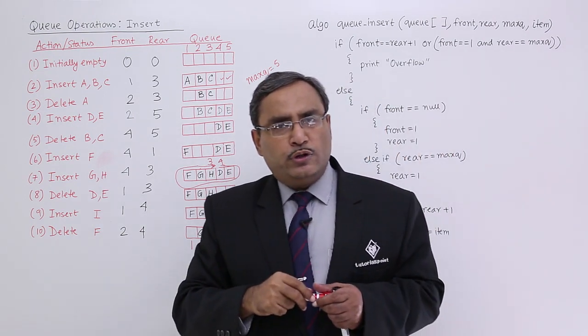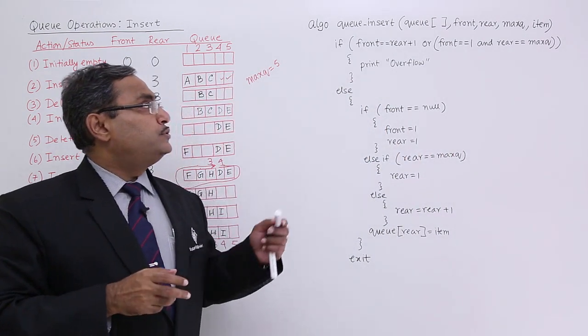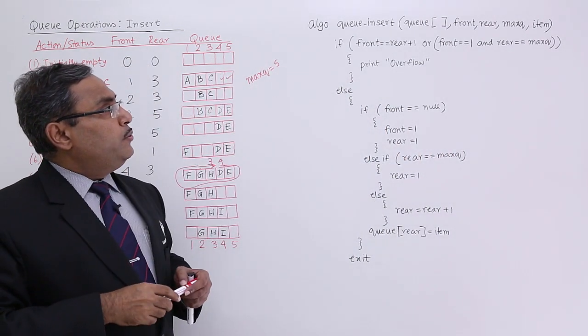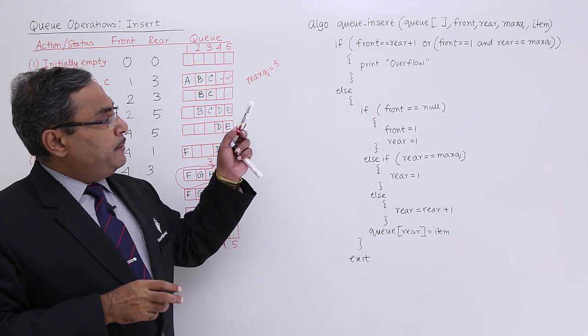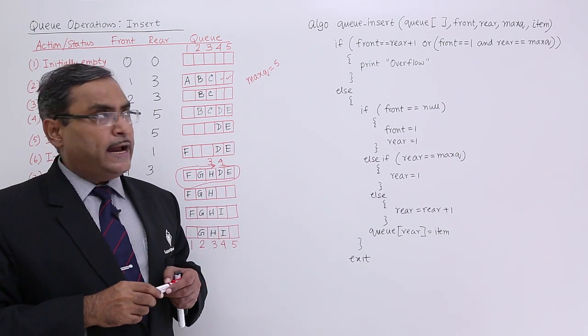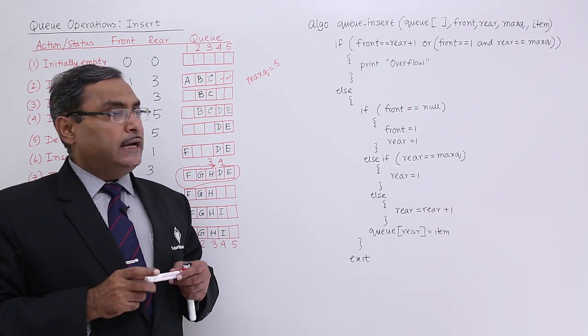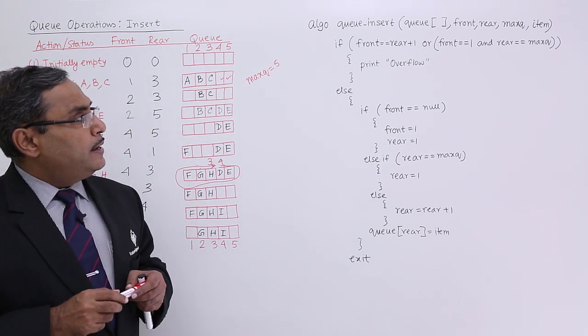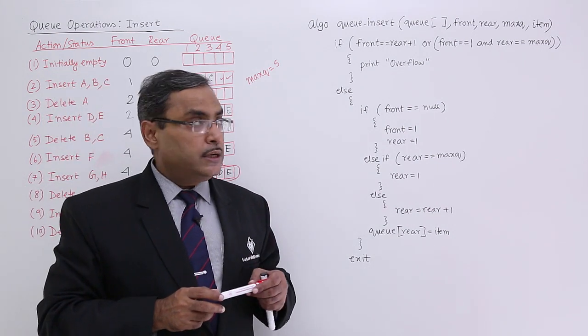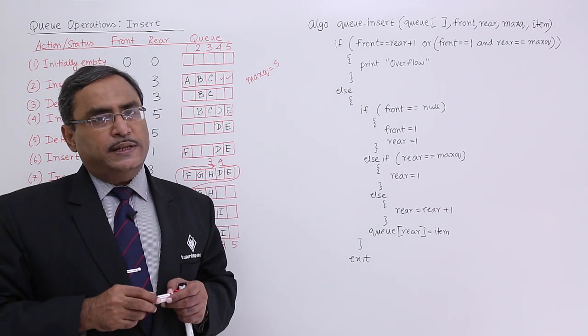Now let us come to the queue insert algorithm. In the algorithm queue insert, we are passing parameters like q, the name of the array, front, the front location number, rear, the rear end location number, max q, the queue size, and then item, which has to be inserted.